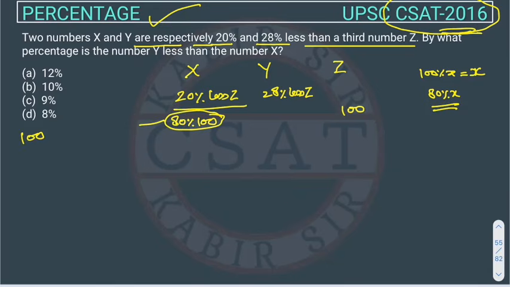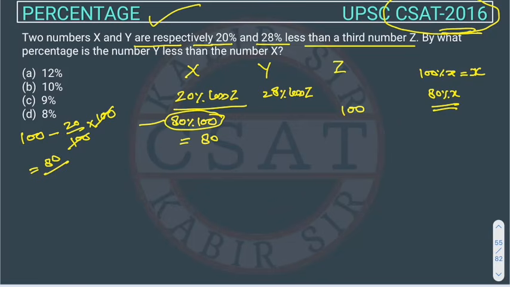Z is 100 and X is 20% less, so 100 minus 20 is equal to 80. So X will come out 80.